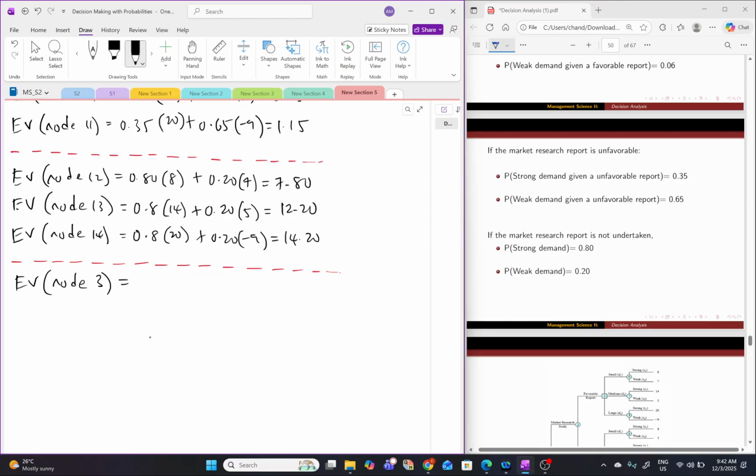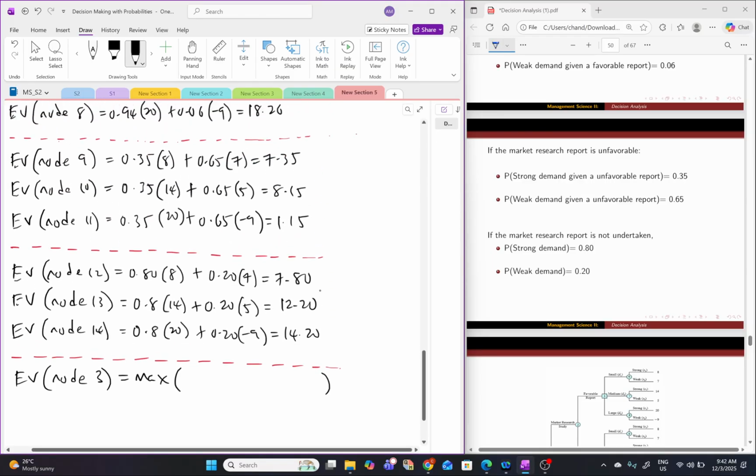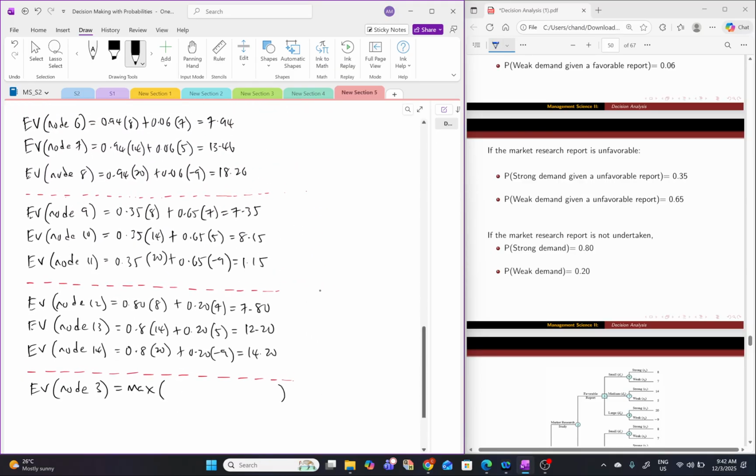Dekat node 3 ni kita tak perlu kira, kita ambil maximum value saja. Okey, node 3 dia punya maximum value daripada value apa? Ini adalah node 3 ya, ini adalah node 4, ini adalah node 5 yang cohort tadi.